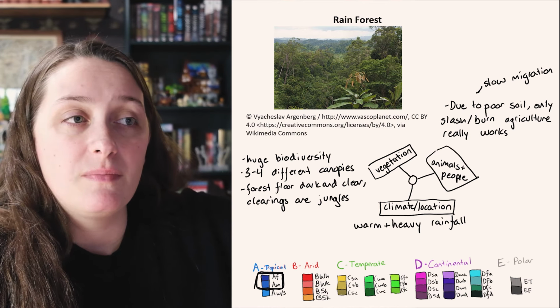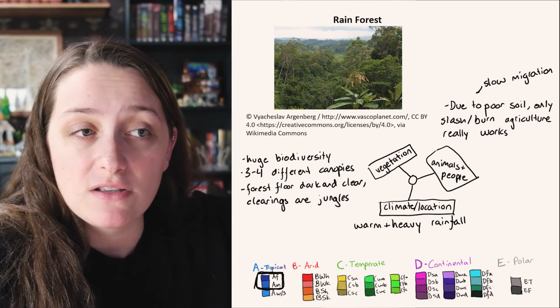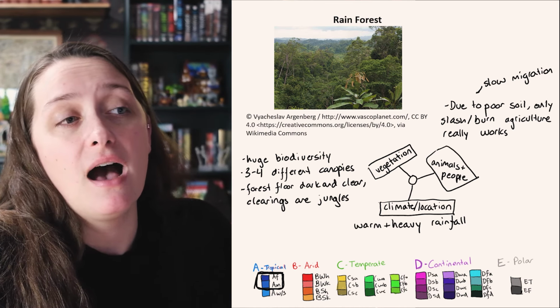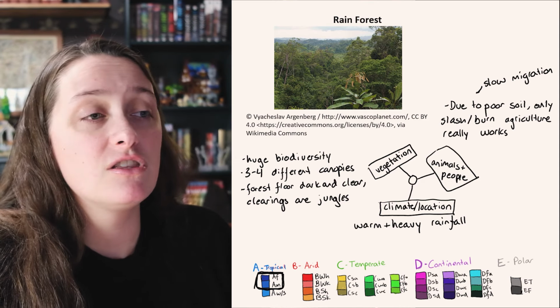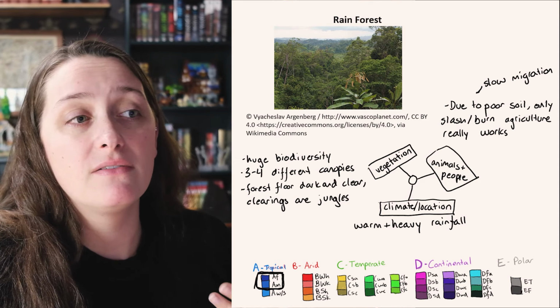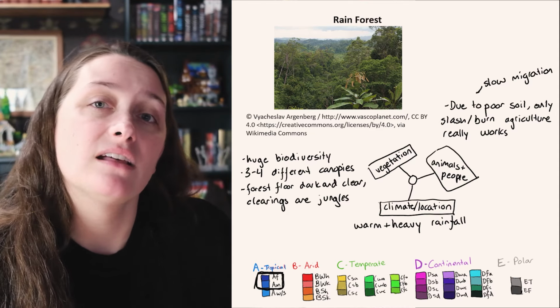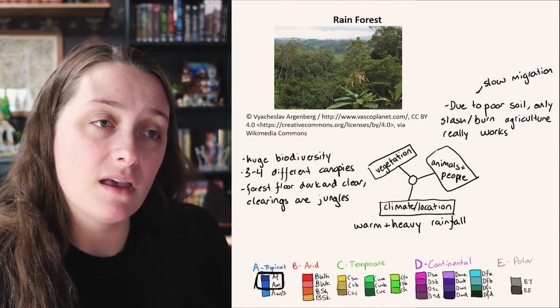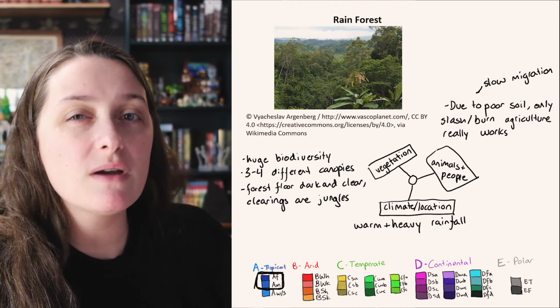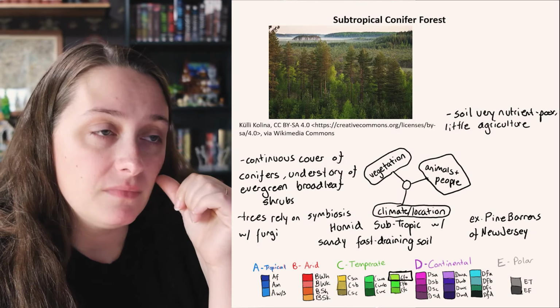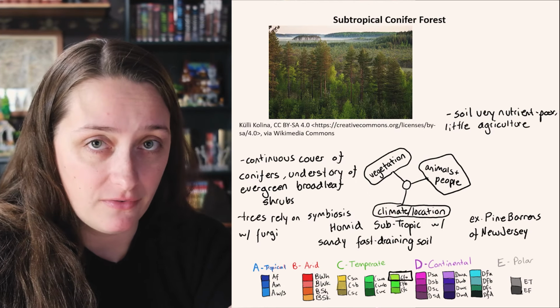Typically, people that live in rainforests are going to use a slash and burn type of agriculture, where they'll cut down the vegetation, they'll burn it to create a little bit of nutrients in the soil, but then that's only going to last so long, and then they'll have to slowly migrate somewhere else. So you wouldn't really call those people migratory, but they're going to slowly have to move as they deplete the soils in the area.